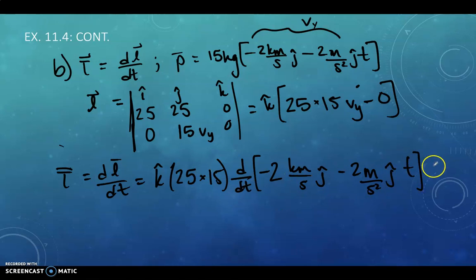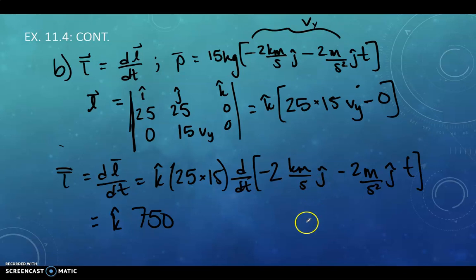Taking the derivative here, this will go to 0, and this will remain. So we get k hat, let me do this in my calculator real quick. We have 25 times 15 and times 2. So 750.